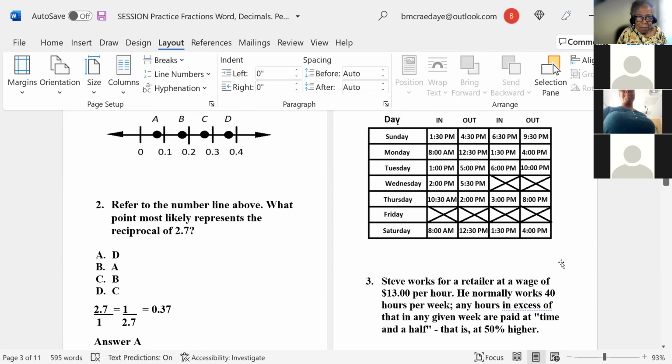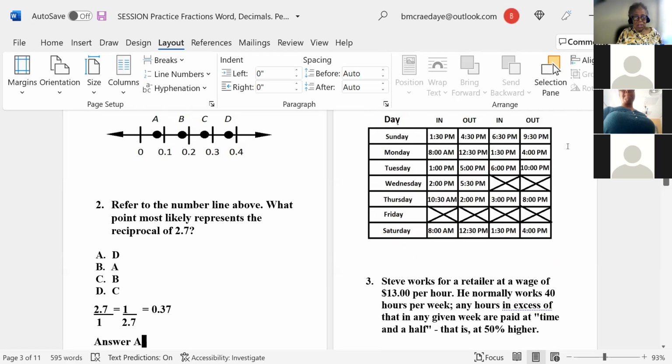So like Sunday. Let's take this one. It was in from 1:30 to 4:30, which is how many hours? That would be 3 hours. And 6:30 to 9:30 is another 3 hours. So Sunday would be 6 hours.